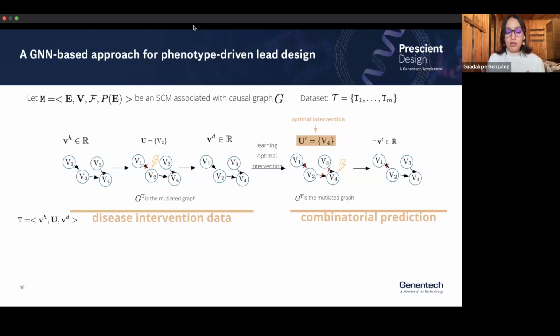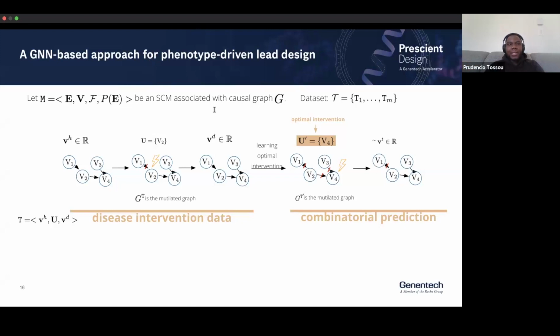So the main thing that we're interested in is the states of the nodes, not the states of the graph. Does that answer your question?